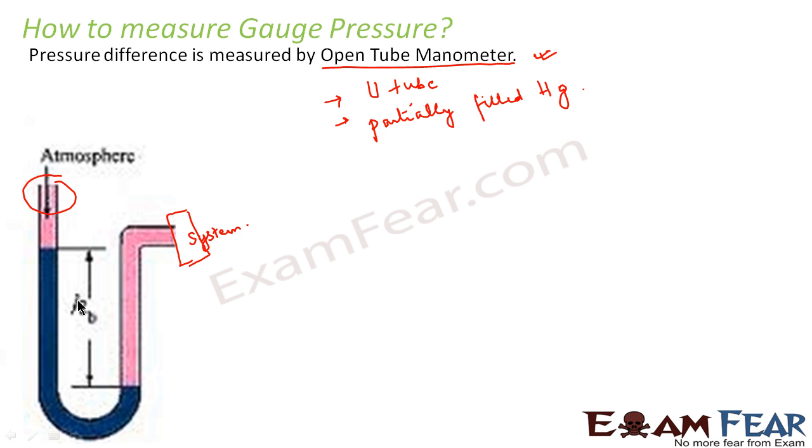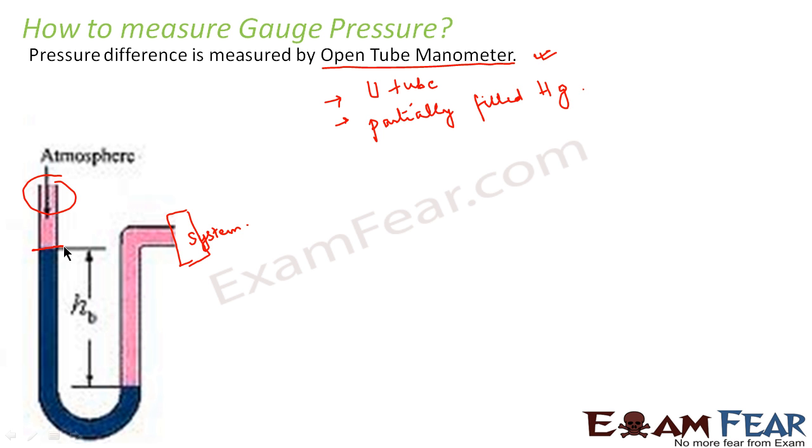So how do we measure gauge pressure? You can see that depending upon the atmospheric pressure, the height to which this mercury column rises will depend upon the atmospheric pressure. Similarly, depending upon the pressure of this system, the height of the mercury column will rise in this tube.